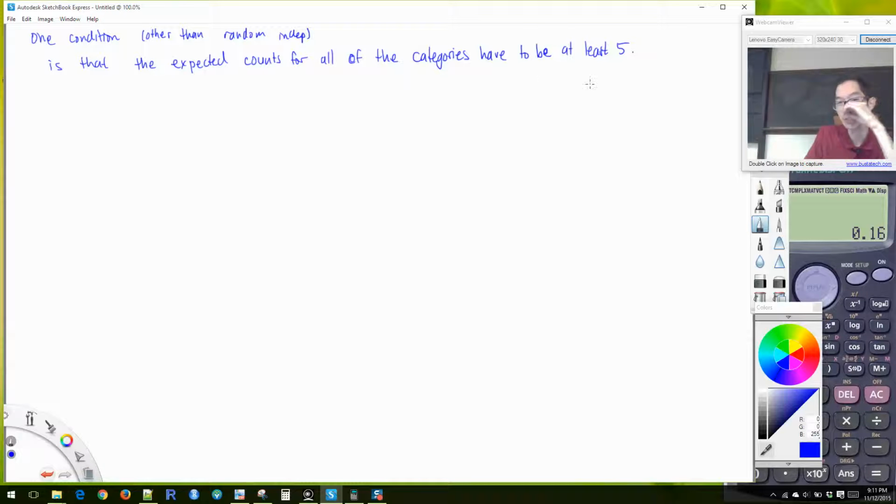If this condition is not met, there is a non-parametric test called Fisher's exact test, which we are not covering, that can be used. And the other option is to combine categories so that all the categories are at least 5. So two options if this condition is not met.